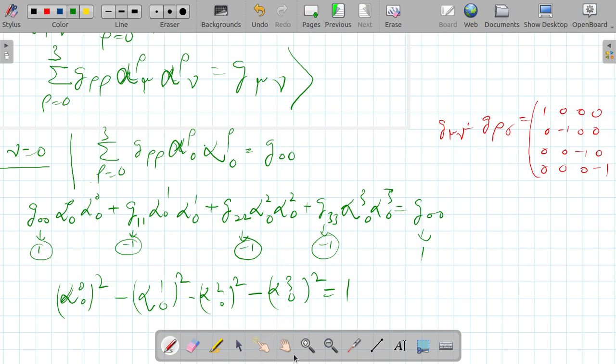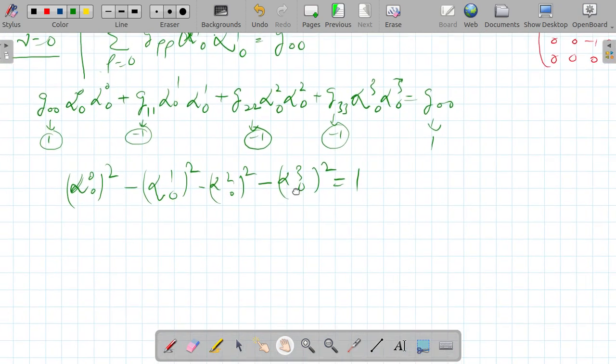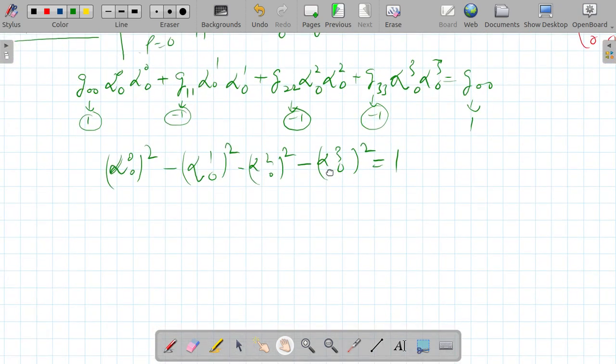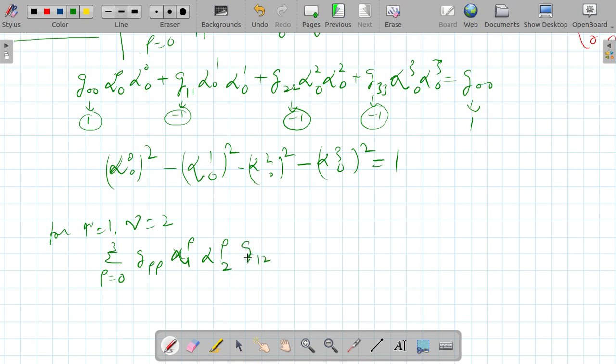And similarly, for mu is equal to 1 and nu is equal to 2, we can write down the sum over rho from 0 to 3 of g rho sigma, alpha rho 1 and alpha rho 2, equal to G12.